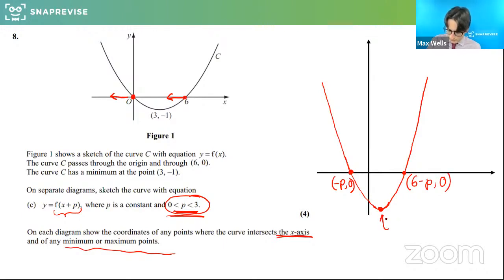And then this turning point is going to be what? Superb. 3 minus p. And what's the y value of that turning point? So this point is 3 minus p. But what is the actual y value here? Any ideas?